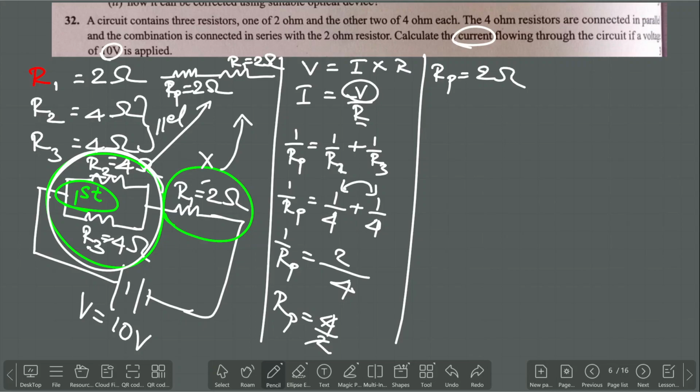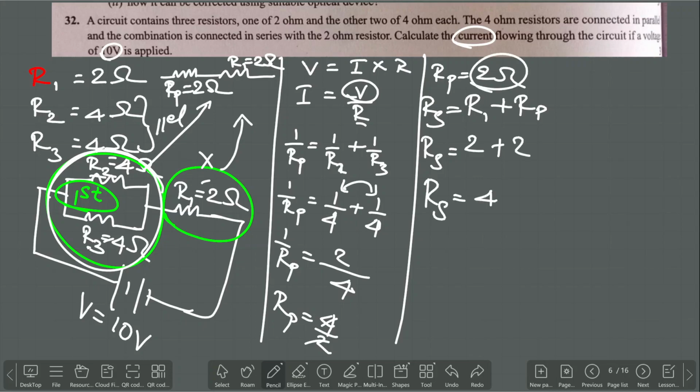Now observe the figure, is it in series or in parallel? Series. So what is the formula to calculate series combination? Rs equal to R1 plus Rp. What is the value of R1? It is given as 2. What is the value of Rp we calculated? 2. So Rs is equal to 2 plus 2, which is 4 ohm.